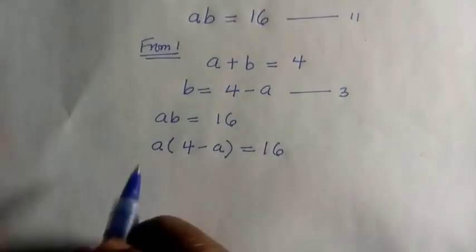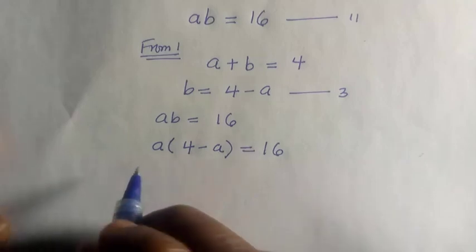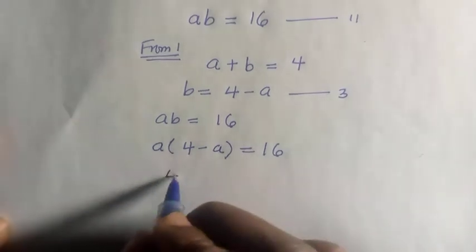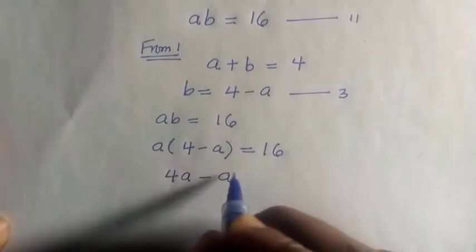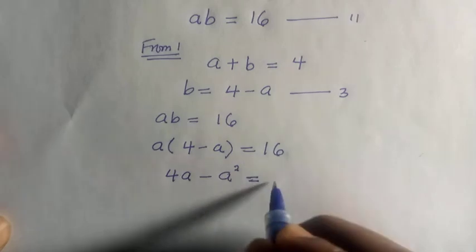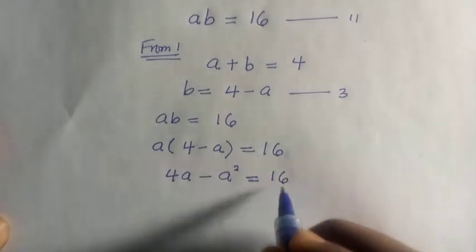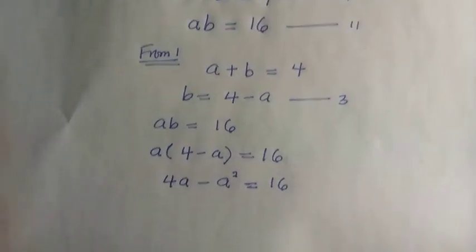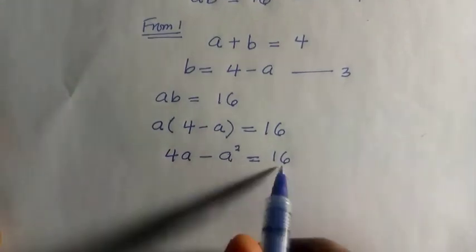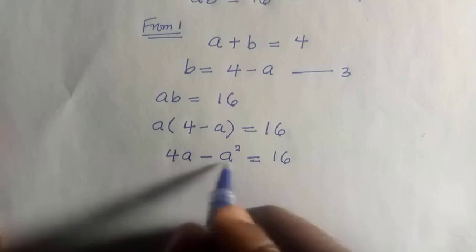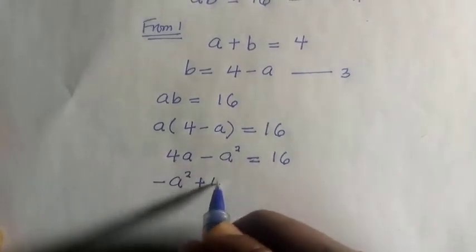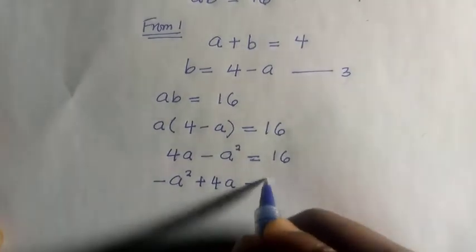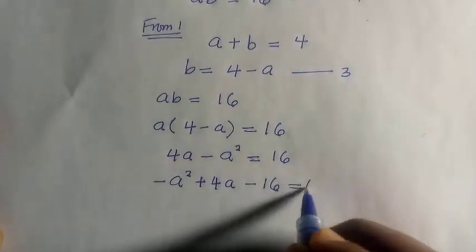Next, when we open the parentheses, a multiplied by 4 gives us 4a minus a multiplied by a, we get a squared. Then everything equals 16. Let's take this and rewrite it as minus a squared plus 4a minus 16 equals 0.